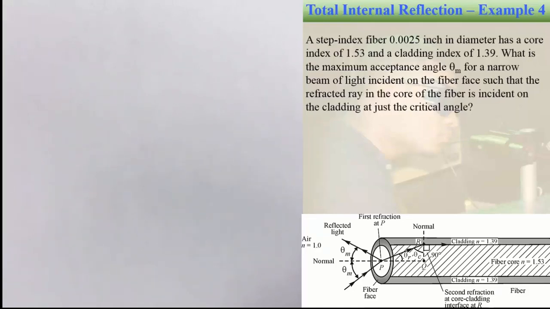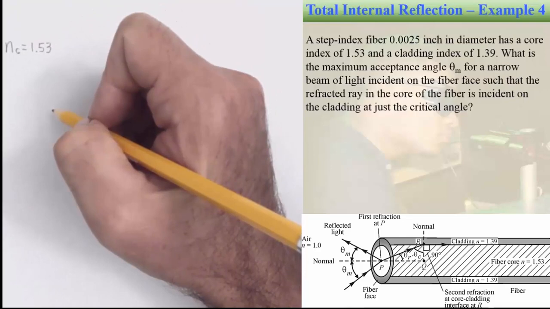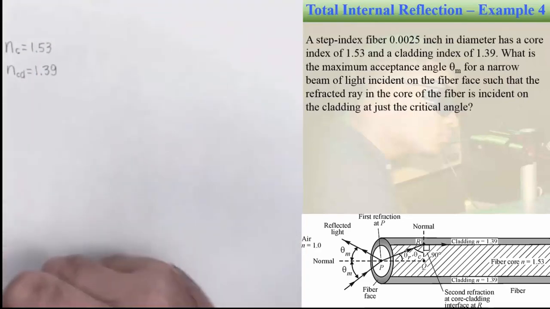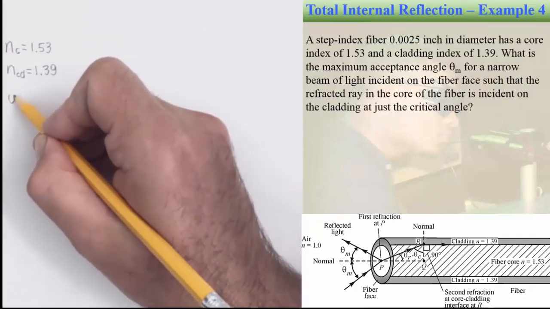So in this problem, we are given two indices of refraction: the index of refraction of the core, that's equal to 1.53, and then also the index of refraction of the cladding, that's equal to 1.39. Using the formula for the critical angle, we can determine the critical angle.